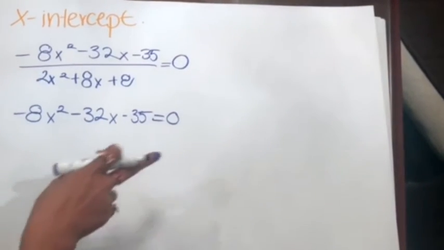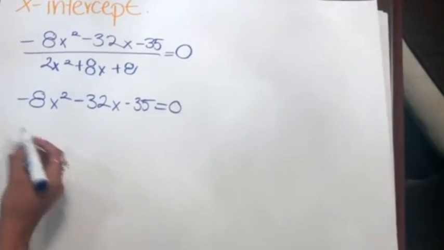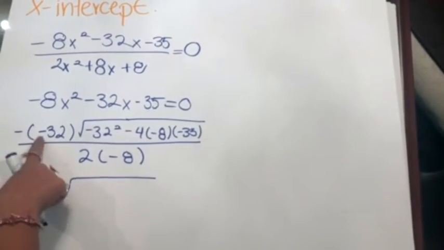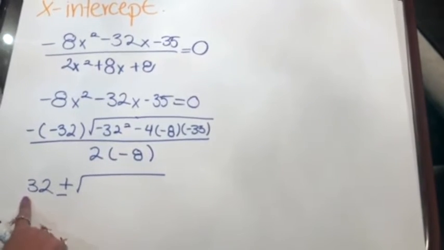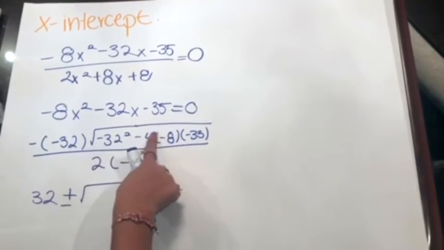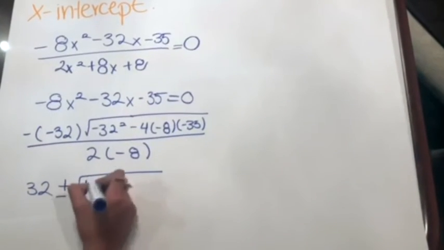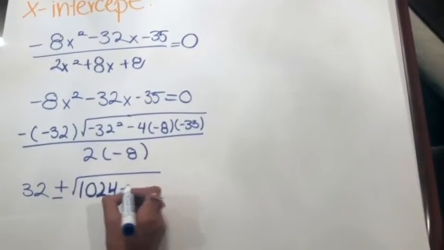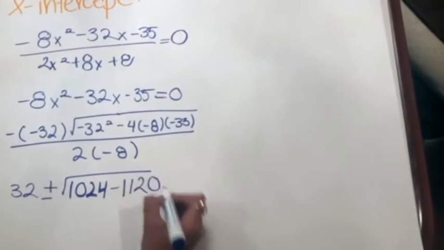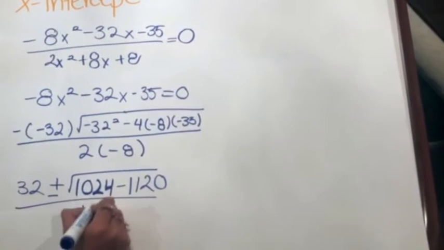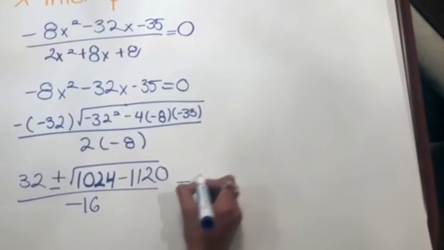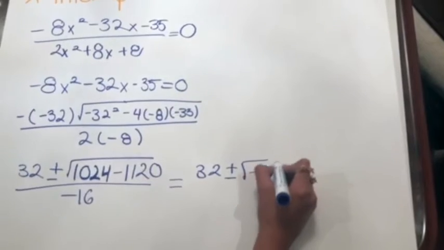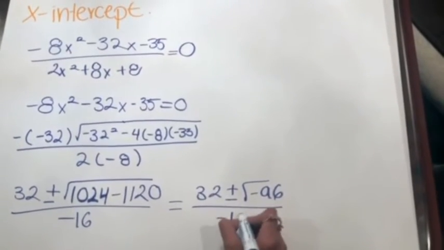We can use the general formula. This is minus times minus, which will give you plus, and minus 32 to the power of 2 would be 1024, and the result for this would be 1120 over minus 16, and this will equal 32 plus or minus the square root of minus 96 over minus 16.